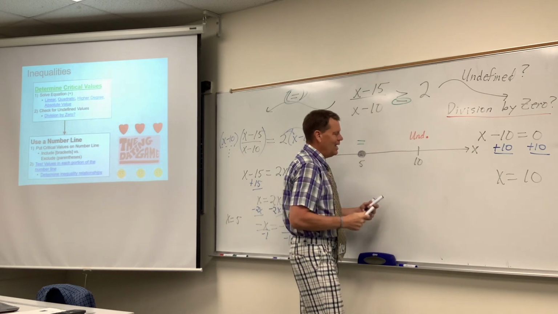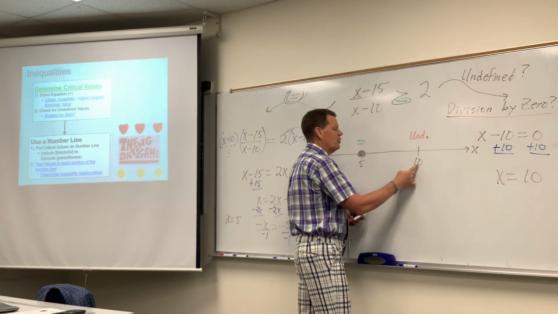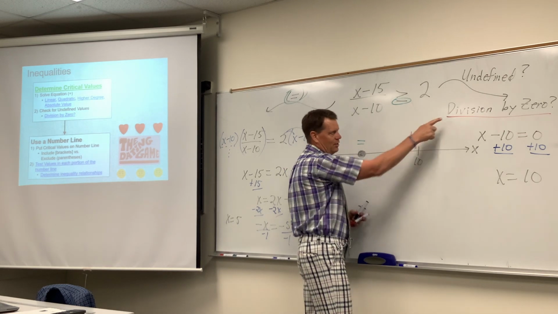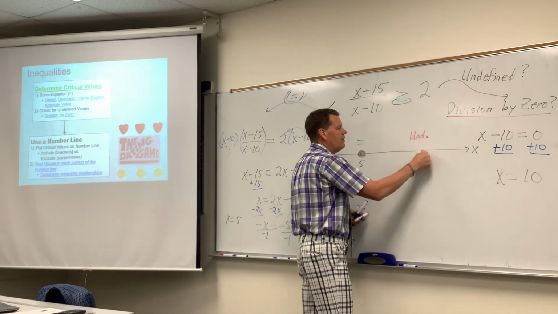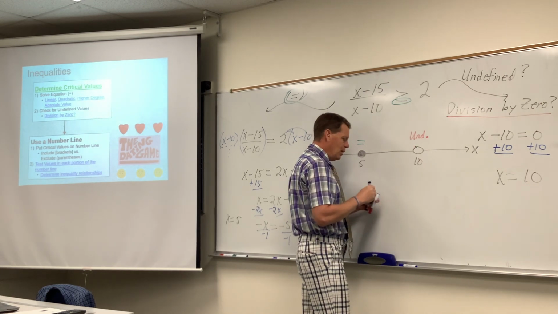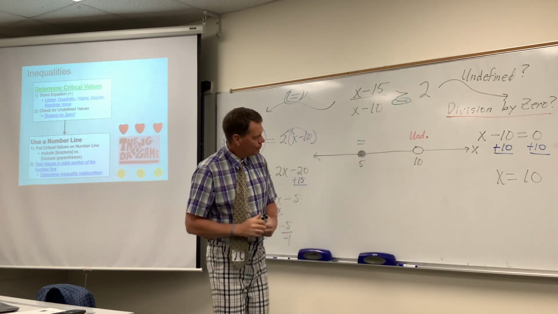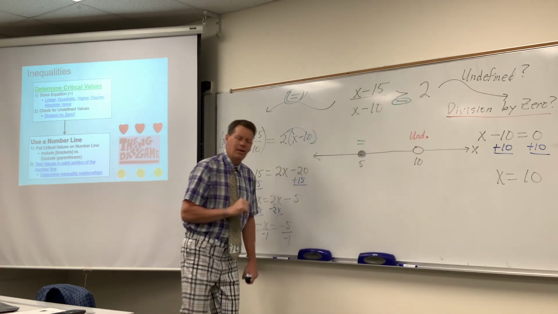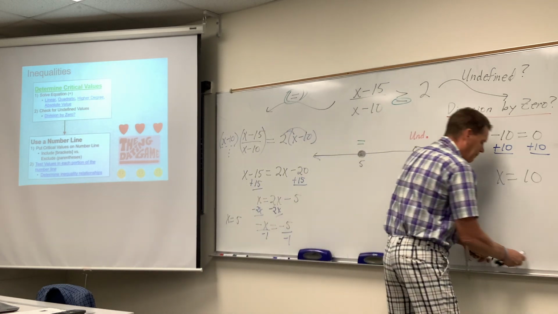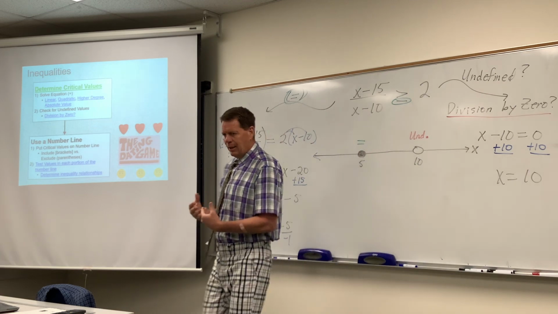Visually, if we want to show people, don't put 10 into this question, it won't work. It causes division by 0. Then the visual that we put on a number line is an open circle, a hollow, to show that number does not work in the question. That'll have implications towards the end of the question when we write up our final answer, which we'll talk about later.